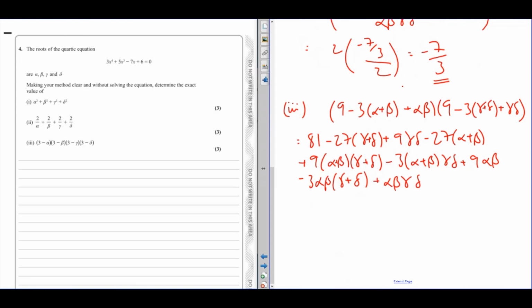Bit more expanding and tidying to do. So what we'll get here is 81 for your constant term. Then the sum of your roots, just the singular roots. So we've got this one here and this one here. So we've got minus 27 times alpha plus beta plus gamma plus delta.